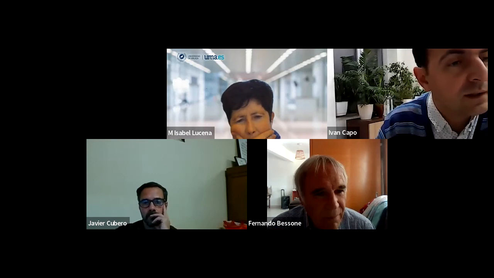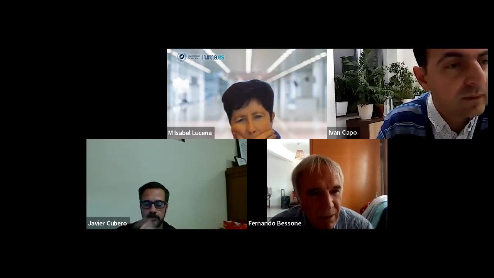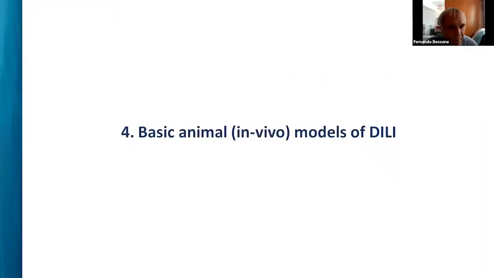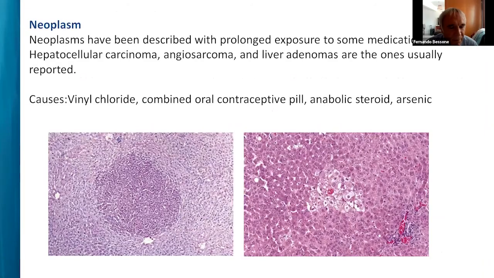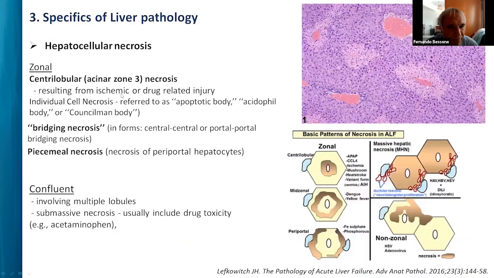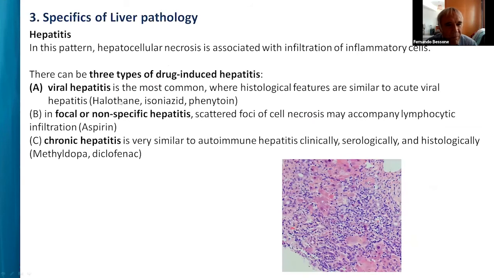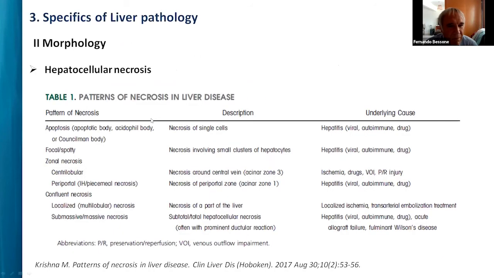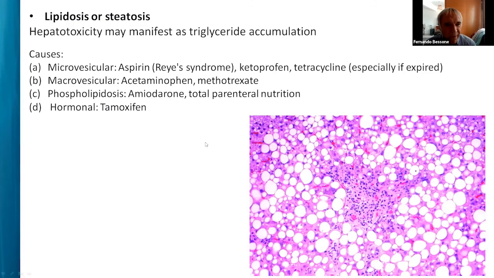I'm trying to find this slide. Here. Macrovesicular, you put methotrexate, but tamoxifen is in this same group.